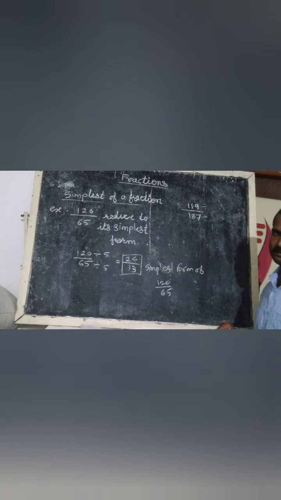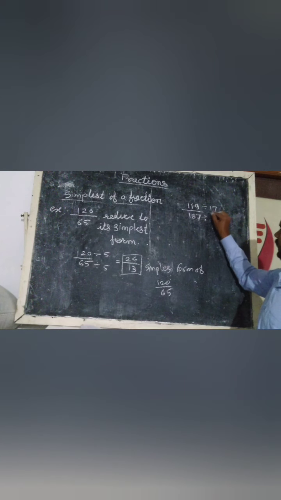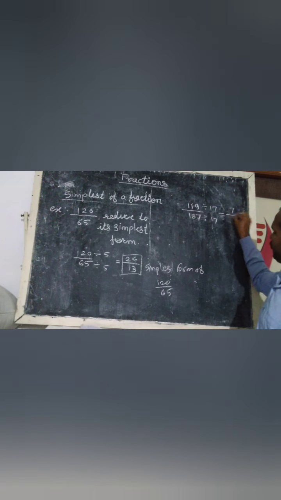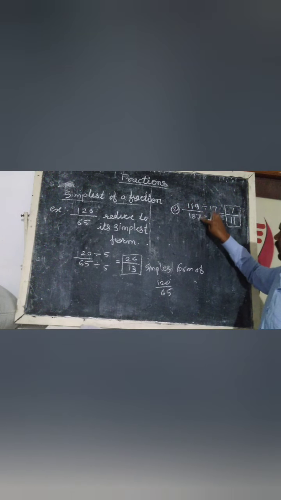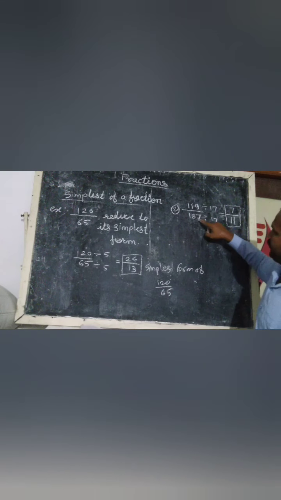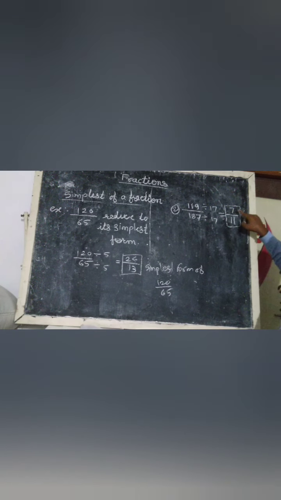So 7 is also not there. When you come to the number 17, you get 17 sevens are 119 and 17 elevens are 187. So in this way 119 upon 187, its simplest form is 7 upon 11.